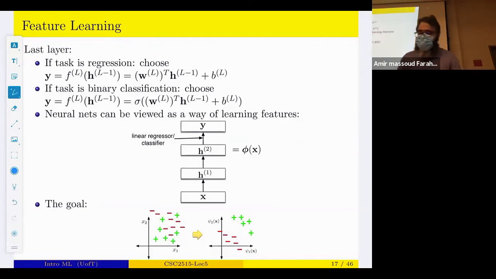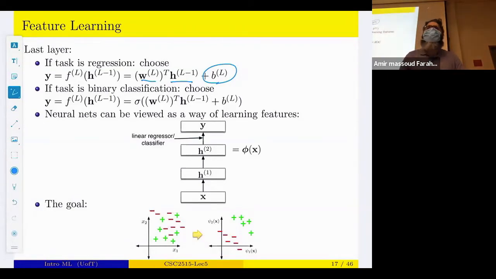Essentially, we multiply the weights by the output of the hidden layer, maybe add some bias, and that is the output of our network. But if the task is a classification task, then we pass it through some form of logistic function, which makes sure that the output is between 0 and 1, so that the output of the neural network can be interpreted as the probability of, for example, the class being 1. And if it is a multi-class classification problem, it would be softmax instead.